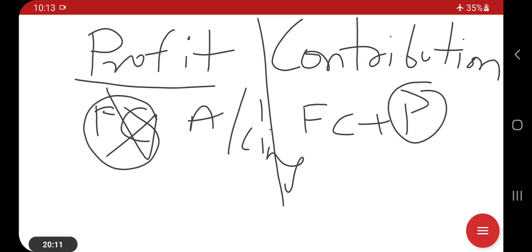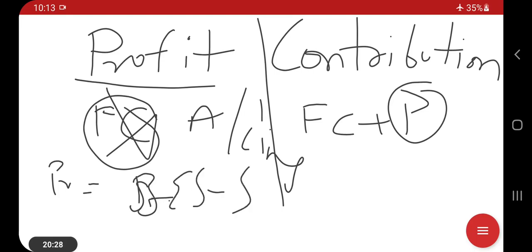Only sales in excess of break-even point results in profit. So only that is considered as profit, and this profit is computed to determine the profitability of the product.